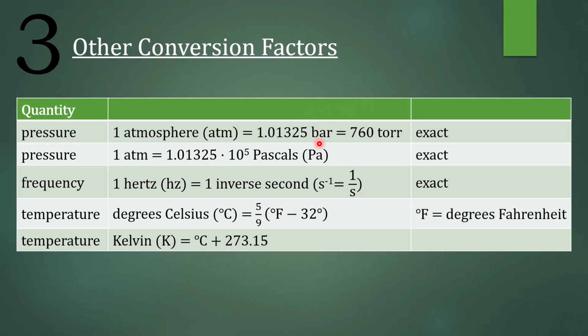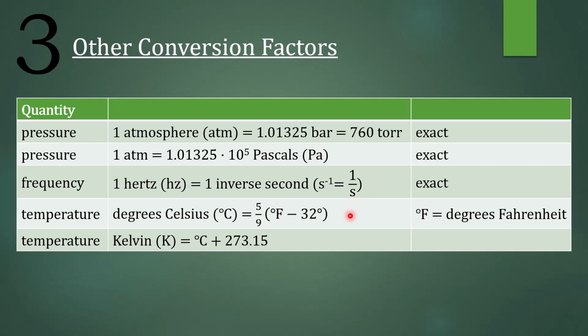All of these conversion factors allow us to convert from one unit to the next as necessary. And these are exact definitions again, so an infinite number of significant figures in those conversion factors. Frequency, we'll be dealing with frequency and hertz quite a bit when we start talking about waves, and we're getting to wave mechanics and atoms.